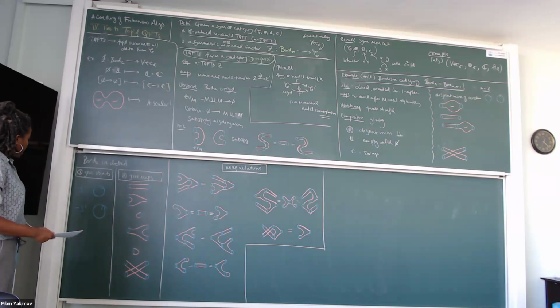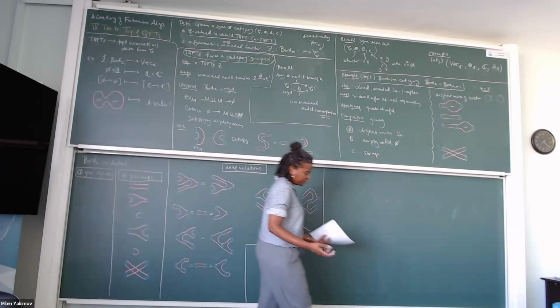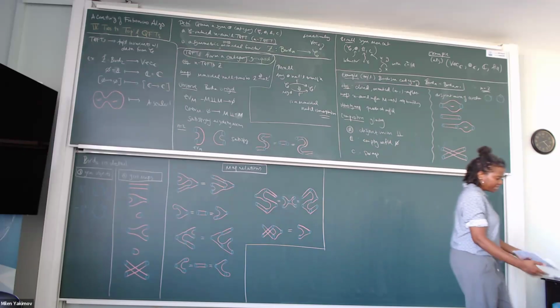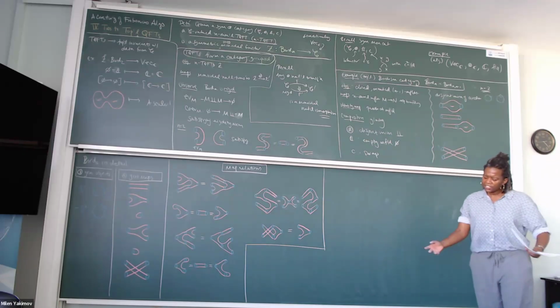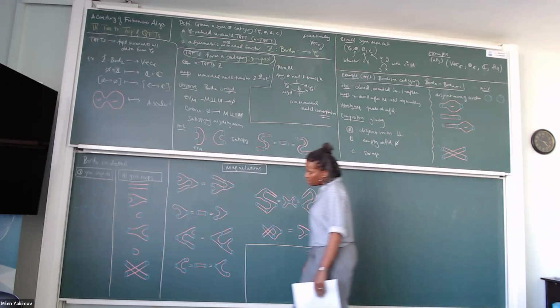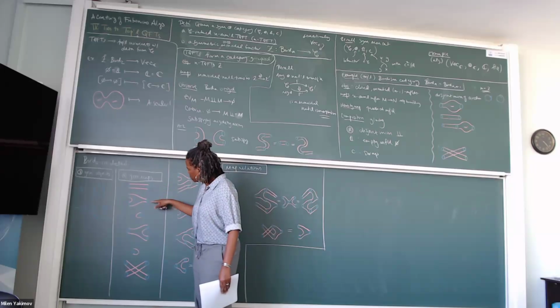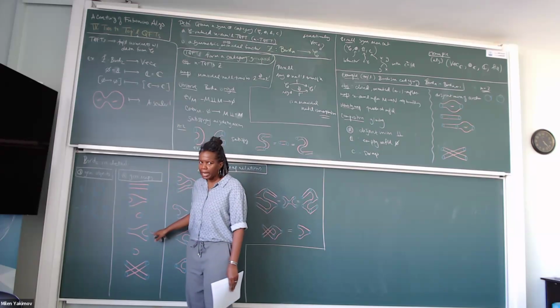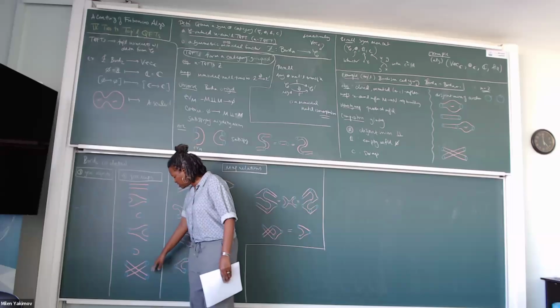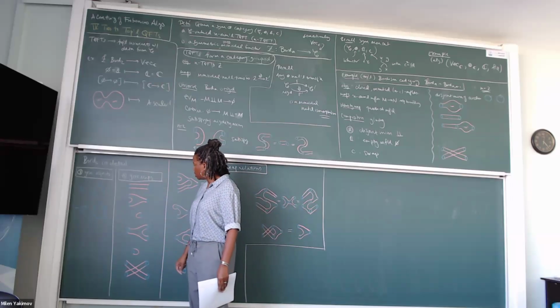Your maps, basically what you want to be able to do is take a surface and break it up into components in a nice way so that you can recover any surface by gluing these components. So the components that are really useful are having the cylinder here and what I call pants, and then this cup here and what I call copants, and this cap here, and then the swap. These generate our maps.